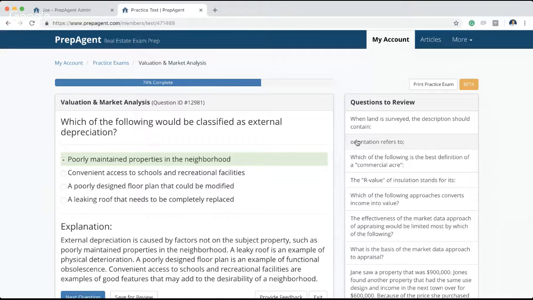External depreciation, another word you might be familiar with, is economic obsolescence. When they're talking about this, they're talking about economic obsolescence. What is economic obsolescence? Who knows? Economic obsolescence.